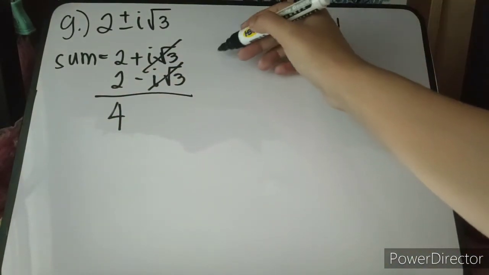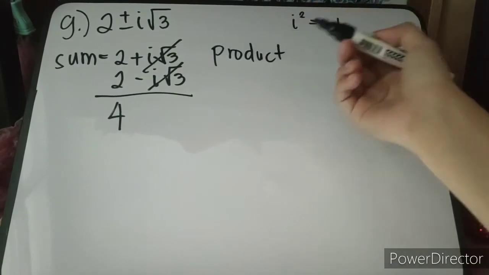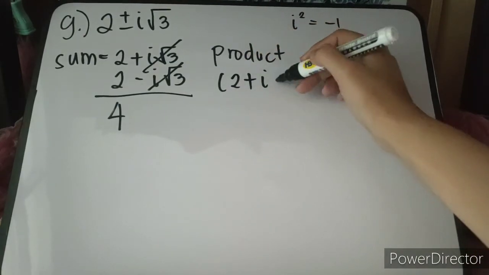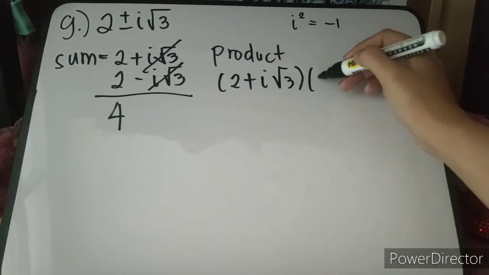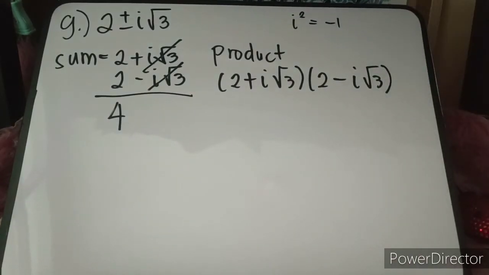And then, to find the product, I will be showing you the 2 positive i square root of 3 and 2 minus i square root of 3. And mention ko kanina on the previous example na this is the product of the sum and difference of two terms na magbibigay sa atin ng difference of two squares.